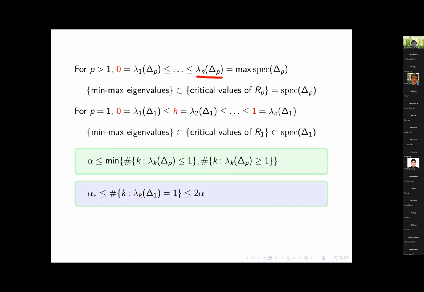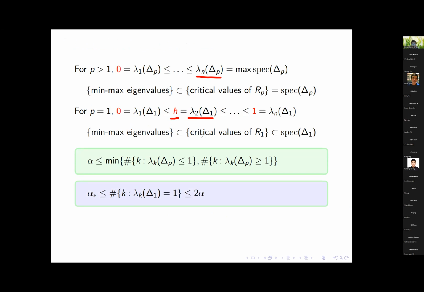The variational eigenvalues are, of course, critical values of the p-Rayleigh quotient, which coincide with the spectrum of the p-Laplacian. And for the 1-Laplacian case, we further have that the second variational eigenvalue equals the usual Cheeger constant.